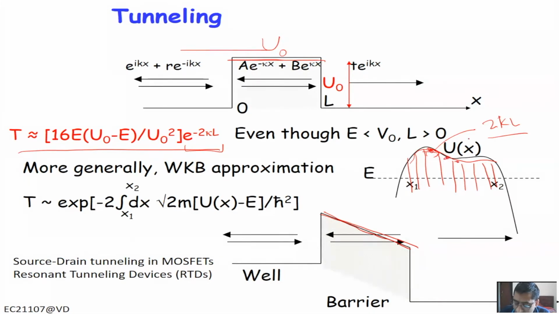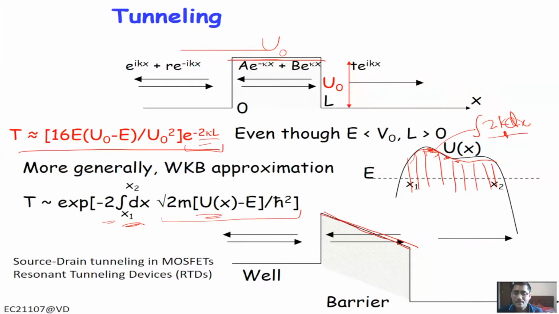So for that value of energy, you can calculate k, and this L becomes dx here, and you integrate it, you will get 2kL. So this is basically 2 times integral of k dx, and k is root of 2m (U minus E) by h bar square. U is a function of x. So this is also known as the WKB approximation.